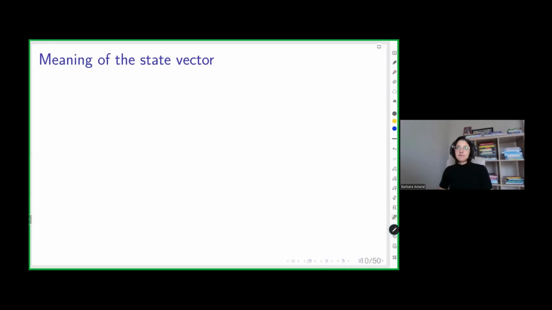So I would like, and also I think for our purposes here, to make clear what is my view of all of the things that I am introducing now. So I would like to make a brief note about the meaning of the state vector as I see it.